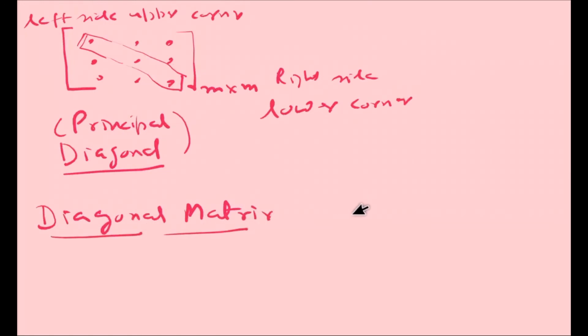In a diagonal matrix, it will be a square shape. The members will be only in the diagonal. Let it be 3 into 3. Other members will be 0.